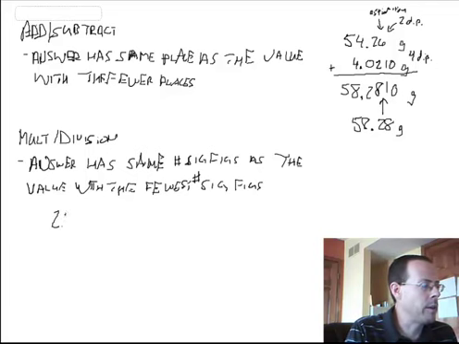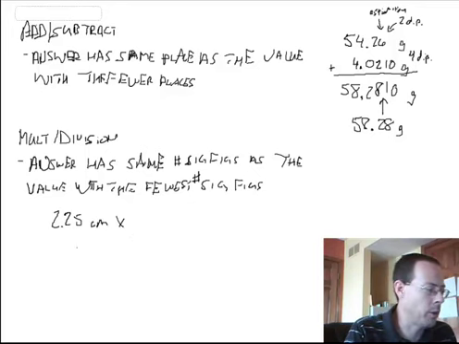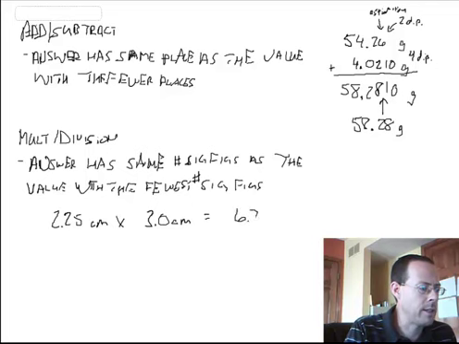So we measured 2.25 centimeters. And for whatever reason, you switch and use a different kind of ruler, and your other ruler just measures to the tenths place. So you say this is 3.0 centimeters. When we put this in our calculator, we're going to get 6.75 centimeters squared. Okay?